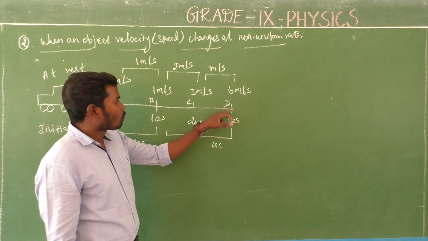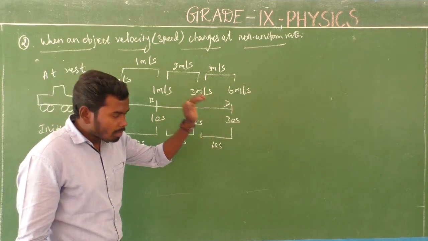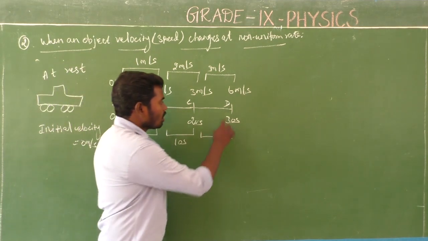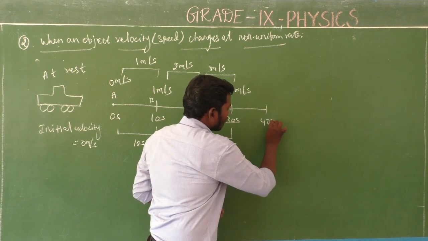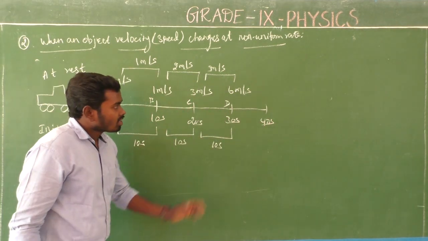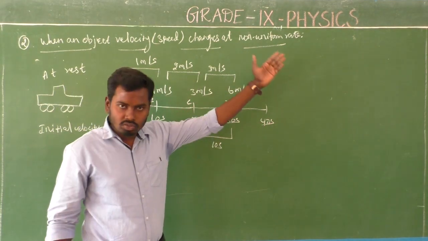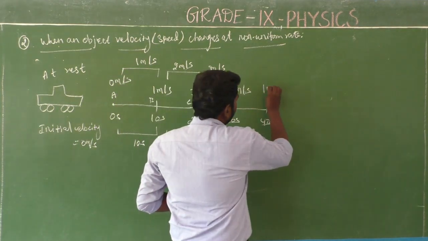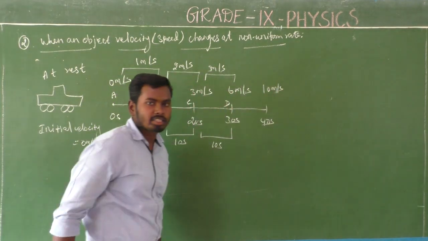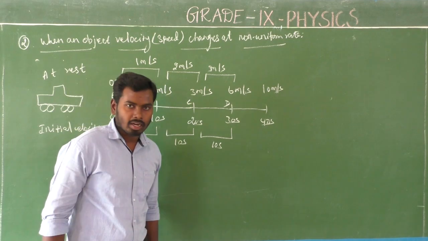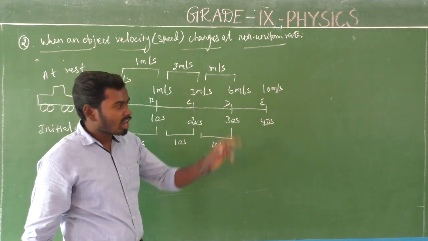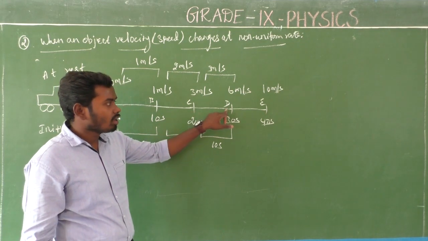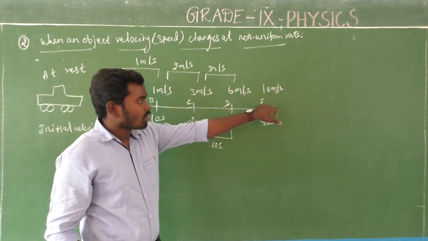So now the car comes to position D. From the position D, in the next 10 seconds, which means 40 seconds, the velocity of the object changes to maybe 10 meters per second. How much? 10 meters per second. Now the car comes to position E. So the velocity of the car changes from position D to E. Is it clear?